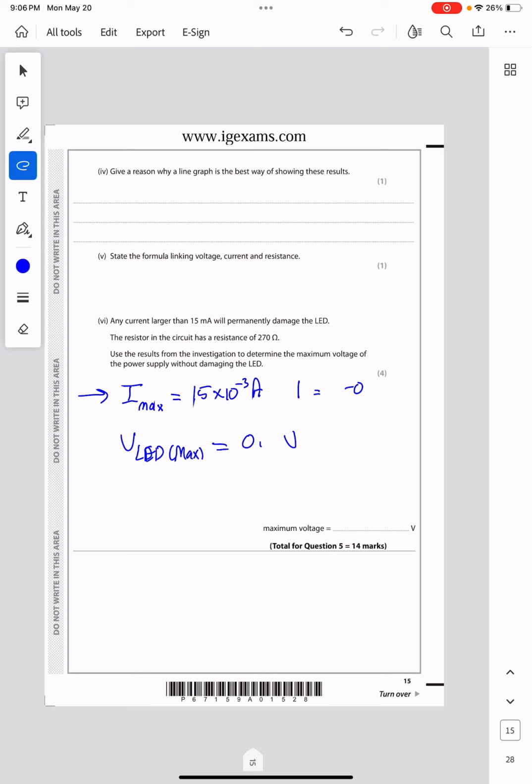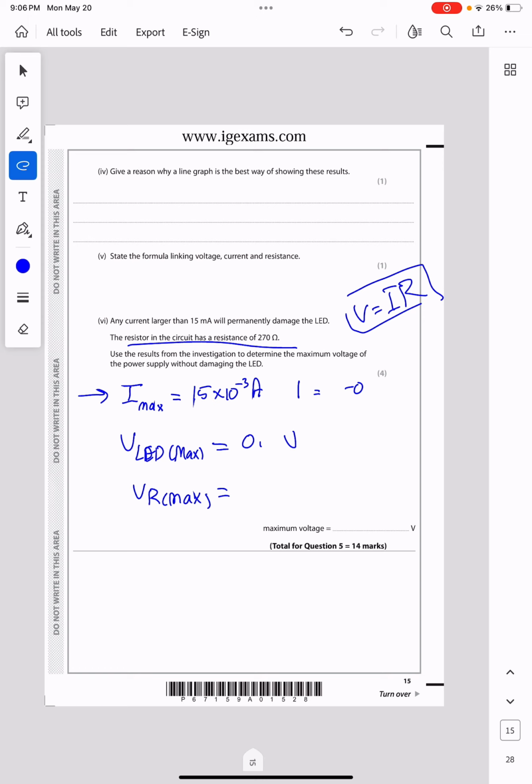And of course, we're going to get it from the information given to us here. So we know that V generally is equal to IR. Now we're looking for the maximum VR, which is the voltage over the resistor.